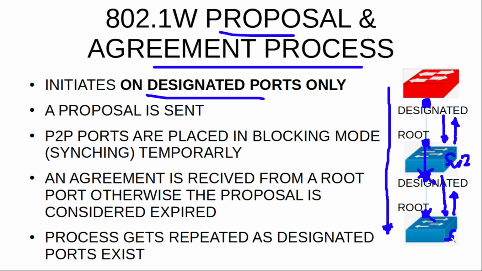Given that this switch, let's say switch 3, does not have any other designated ports, the process stops there. If a proposal message is not responded to within a certain time, the proposal is considered to be expired. This is a summary of how it works.